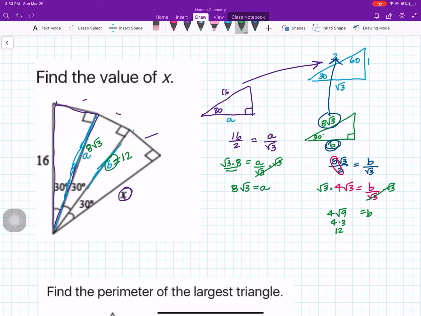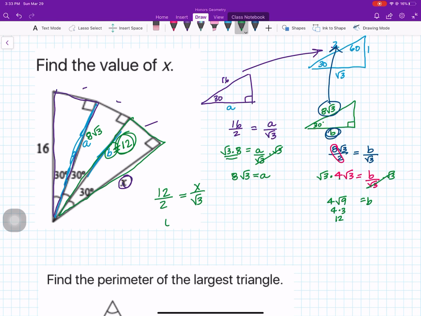So now, finally, after all that, I can actually find x, what I'm looking for. So now 12 is the hypotenuse. So it's still going to be 12 over 2, because it's the hypotenuse of the green triangle, equals x over root 3, because x is the long side, or the long leg. I have 6 equals x over root 3, because 12 over 2 is 6.